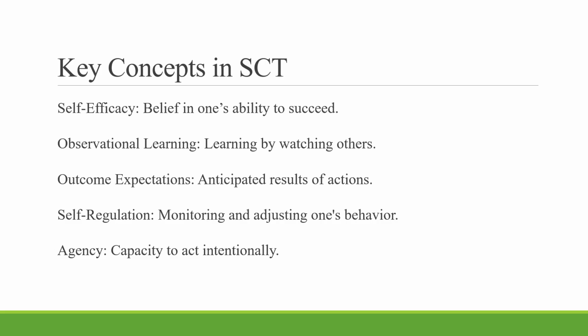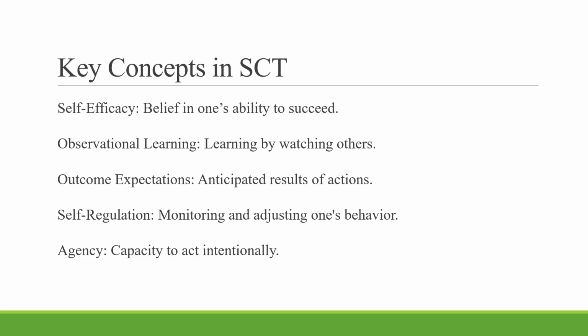Third is outcome expectations. You act when you believe it leads to something positive. That is the outcome expectation. Next one is self-regulation, monitoring and adjusting one's behavior. We can say that you are adjusting your goal, like setting a deadline to build your MVP.